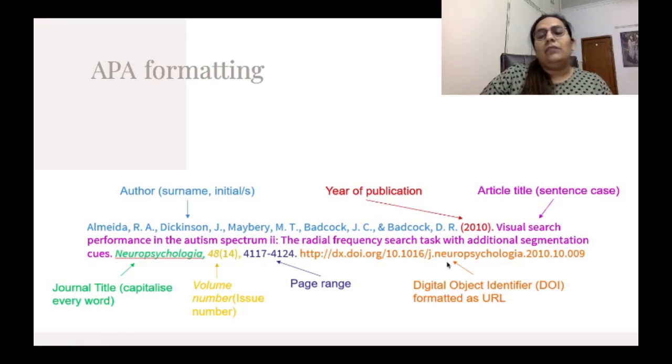When you write this only, you would be able to find the paper. You don't need to write the author name or everything. You just need a DOI in the search or in the URL, and you would be directed to this journal. So this is your DOI, or your digital object identifier.